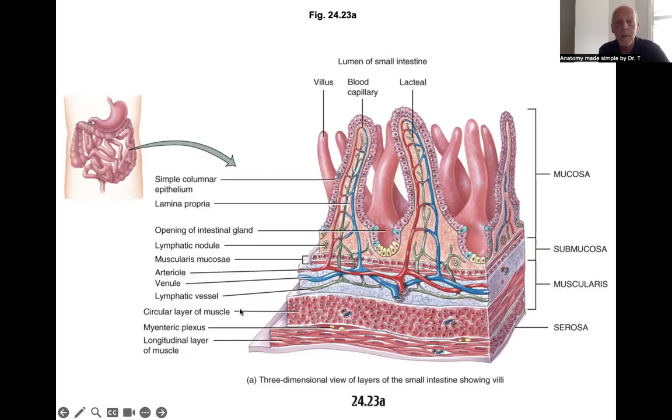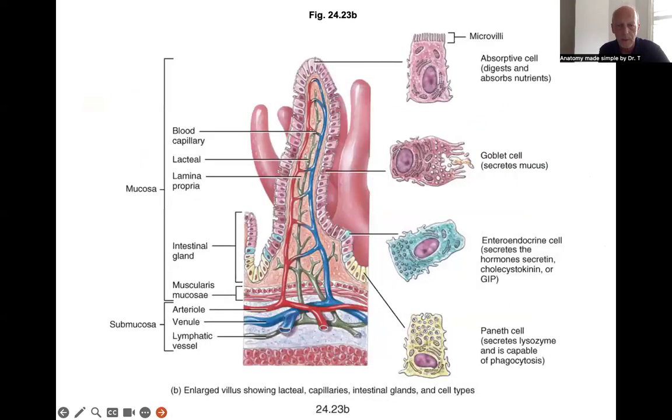Let's find out what cells of the small intestine look like. Very similar type of exercise to what we have done for five different types of cells in the mucous membrane of the stomach. Let's address first the most abundant ones. They are absorptive cells, basically cuboidal to columnar in shape with lots of microvilli, so microscopically visible hair-like projections on their apical surface.